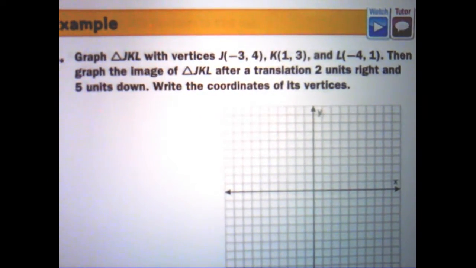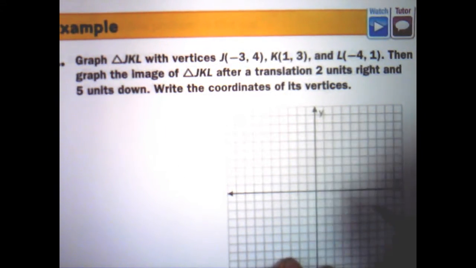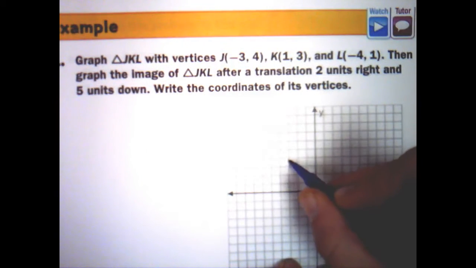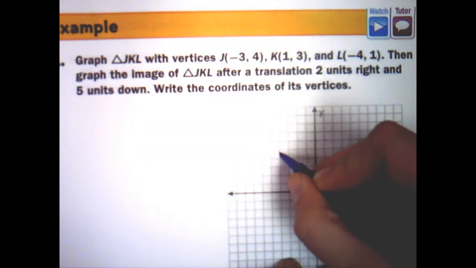We want to graph triangle JKL with the vertices given, and then graph the image of JKL after a translation 2 units right and 5 units down, and then we're going to write the coordinates of the vertices. So to start, J is (-3, 4).